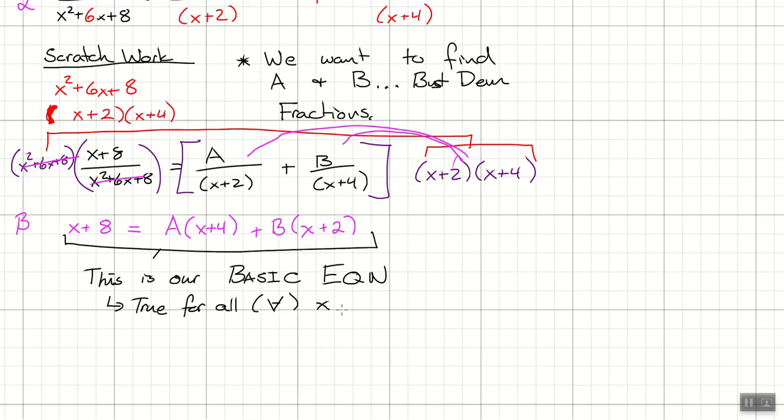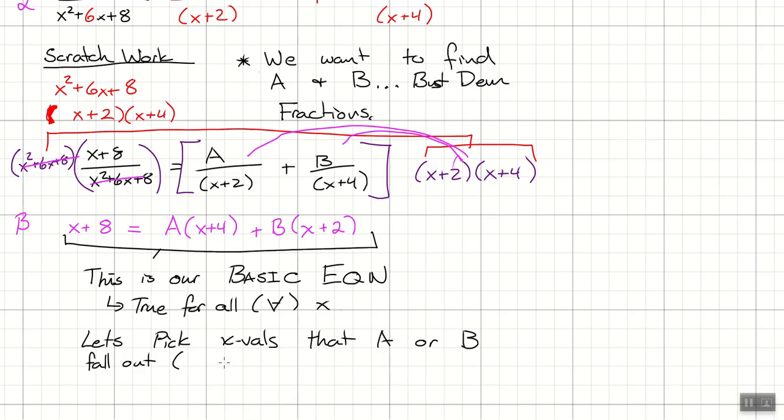Now, because this is true for all x values, here's my suggestion. Let's pick x values out of our list of infinitely many, since this is always true in our basic equation. Let's pick x values that make a or b fall out. Now, fall out, if that isn't clear, is language that I use to mean we make it somehow disappear, right?